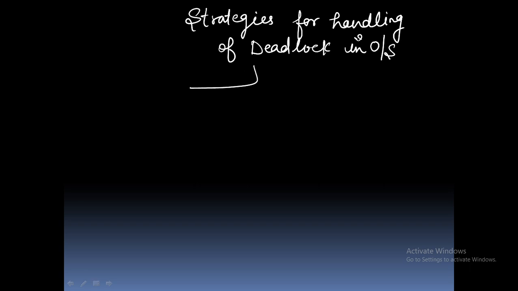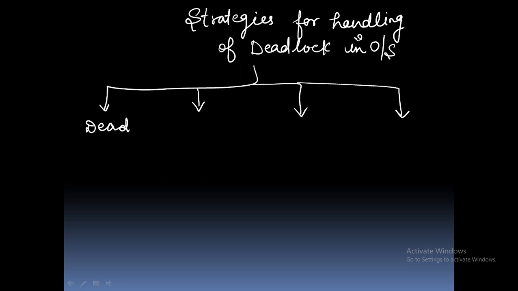There are four types of strategies. First strategy is deadlock avoidance. You can avoid the deadlock. Second, deadlock prevention.